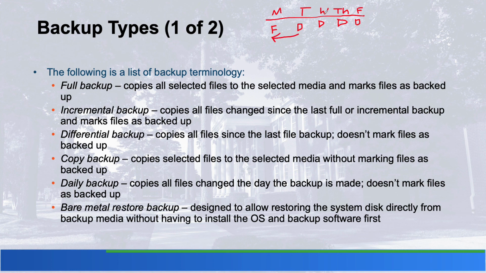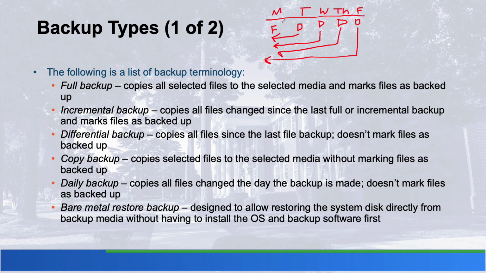Okay. So Wednesday's is going to have all of the files that have changed from Monday to Wednesday. Whereas the incrementals were backing up anything that's changed in a single day, these differentials back up what has changed since the last full. So on Thursday's differential, I have all of the files that have changed since Monday. And then Friday, I have all of the files that have changed since Monday.